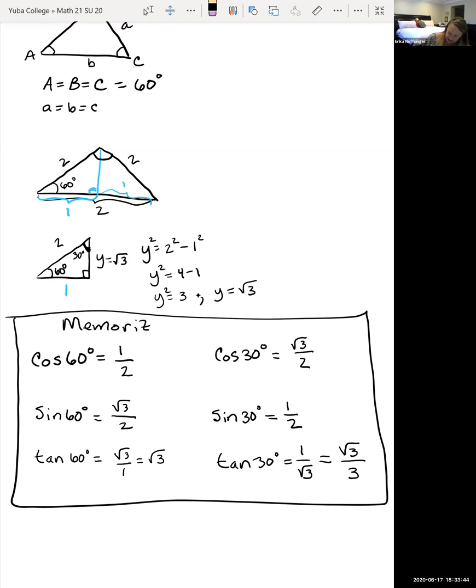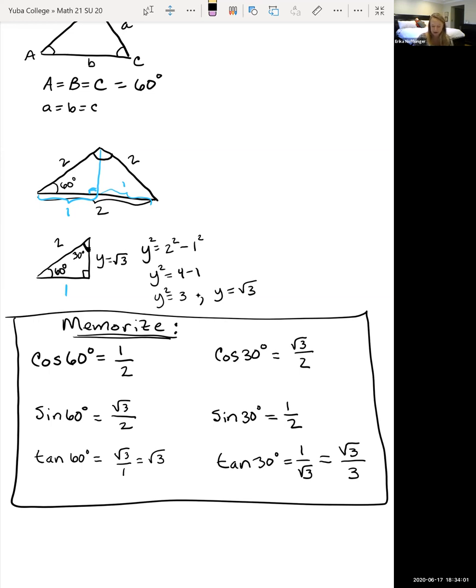So like I said, if you memorize these and you know the definitions of cosecant, secant, and cotangent, it's easy just to take the reciprocals of these and not worry about memorizing all of them, but you can if you want.